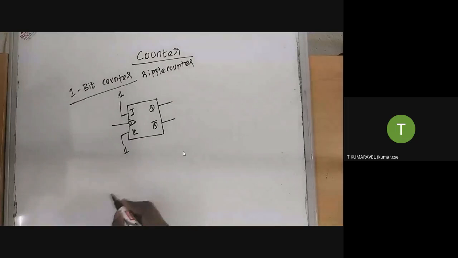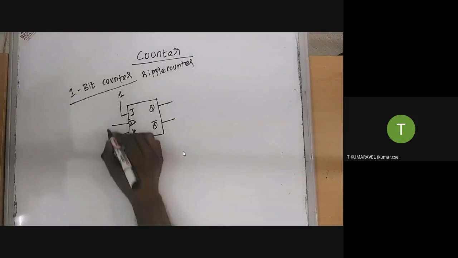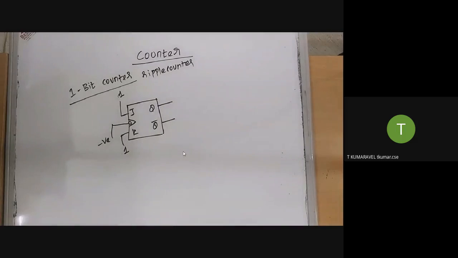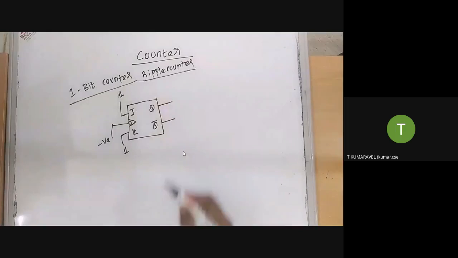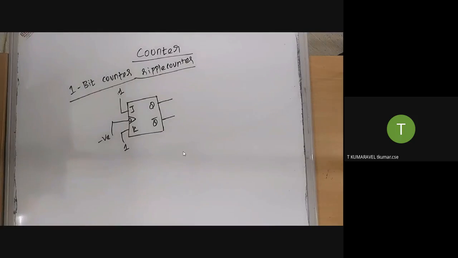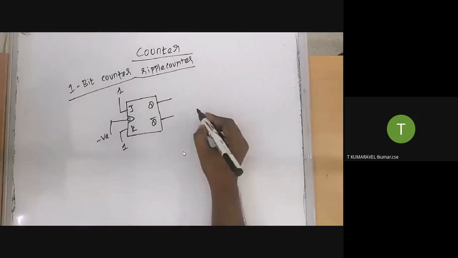In order for the flip flop to function, already I said it requires the clock pulse. Here I am providing the clock pulse as a negative clock pulse. Whenever we talk about the counter, in order to explain its functionality, we use a timing diagram. I will tell you what a timing diagram is. For example, this is a clock pulse.